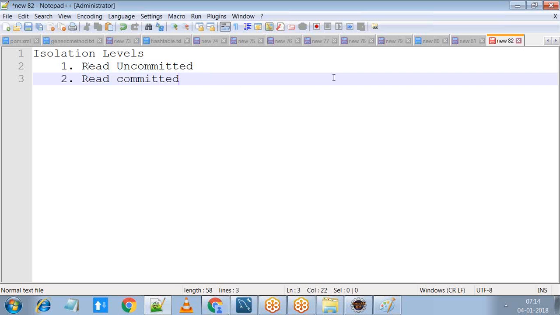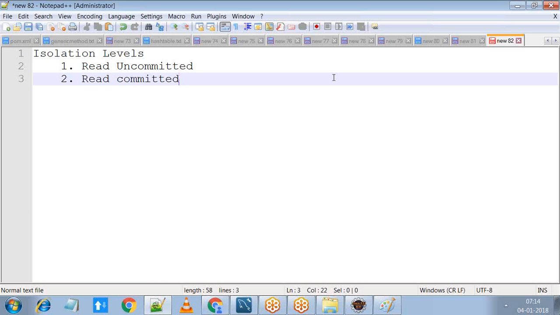So what if the isolation level is set to read committed? Now this read committed will not allow the reading transactions to read the data which is uncommitted.